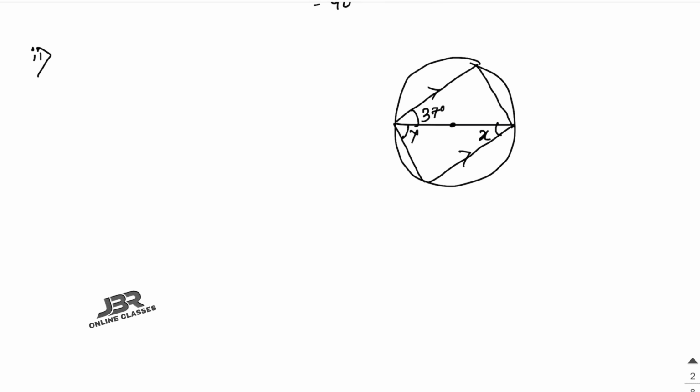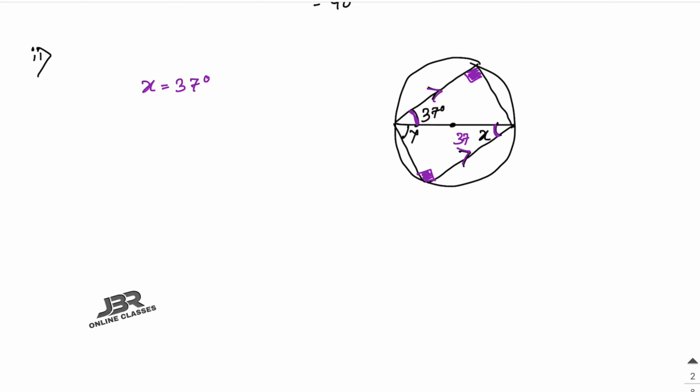So here this angle equal to 90 degree, you know that, and this angle equal to also 90 degree. So as these two lines are parallel, definitely this angle is equal to this one because alternate angle. So that means X equal to definitely 37 degree, your first answer.